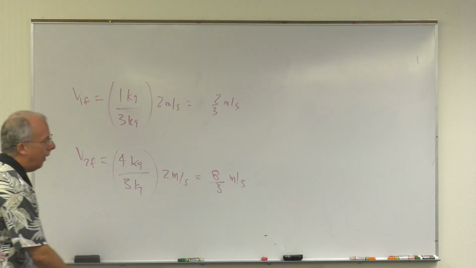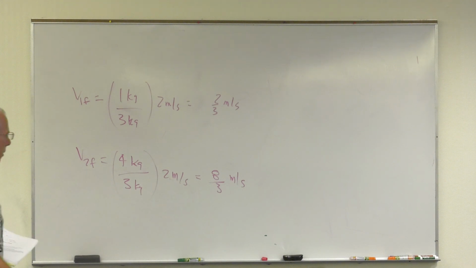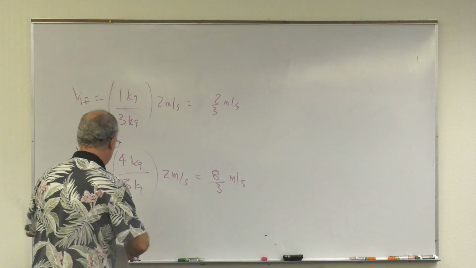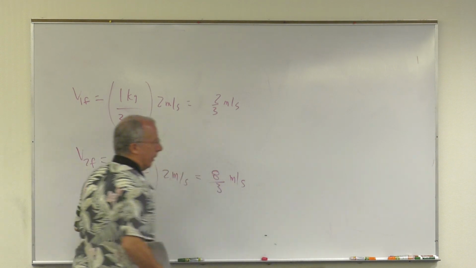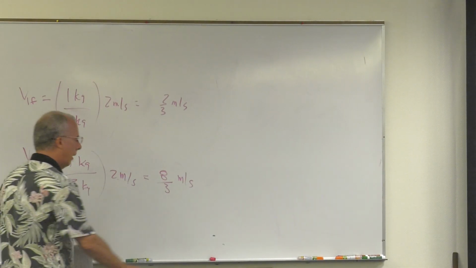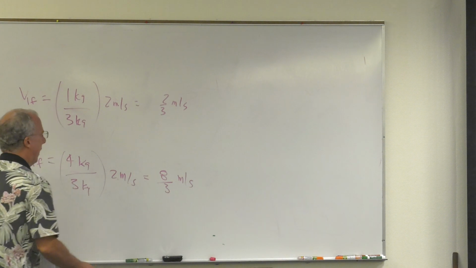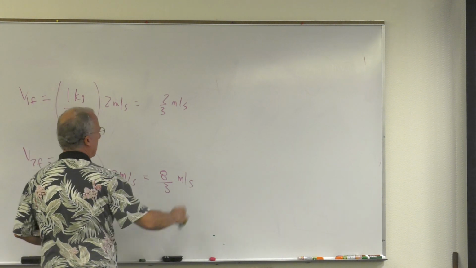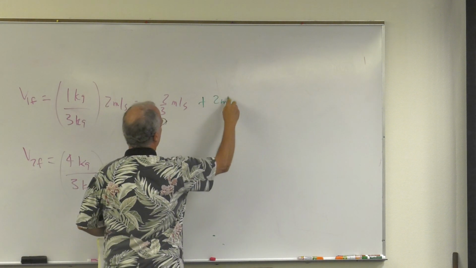Okay? All right. So that's in this reference frame. But then we want to go back to this one. So what do we do? We just have to add the 2 meters per second. Right?